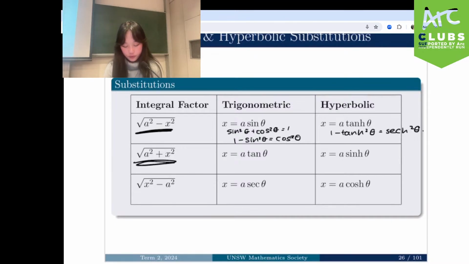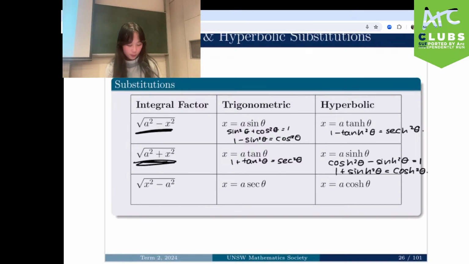For this one, we're exploiting the trig identity that 1 plus tan squared gives us sec squared. And we're exploiting the hyperbolic trig property that cosh squared minus sinh squared gives us 1, which means that 1 plus sinh squared is just cosh squared.